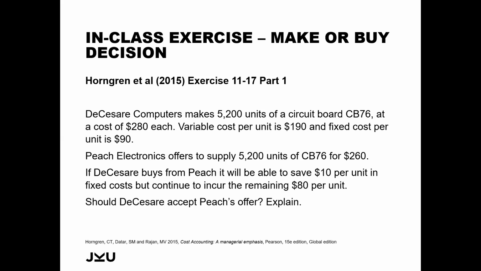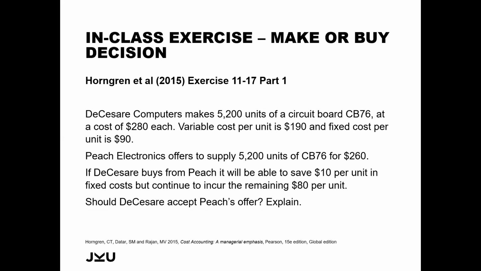Now that I have explained it that way, hopefully your decision becomes obvious. Saving $200 does not justify spending $260. So Peach Electronics' circuit board would need to cost, let's say, $190, or it could break even at $200.